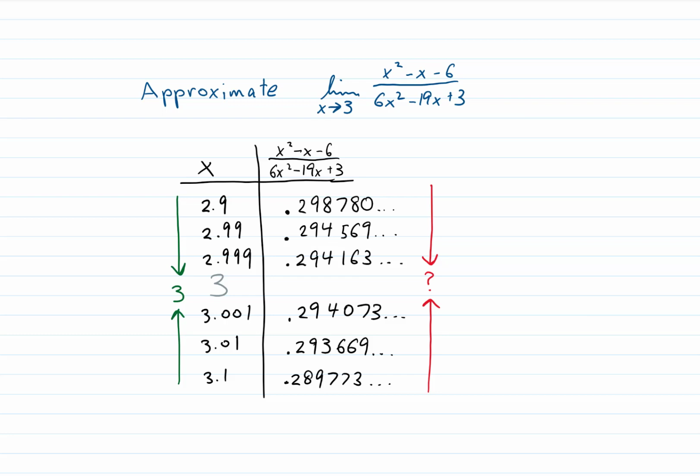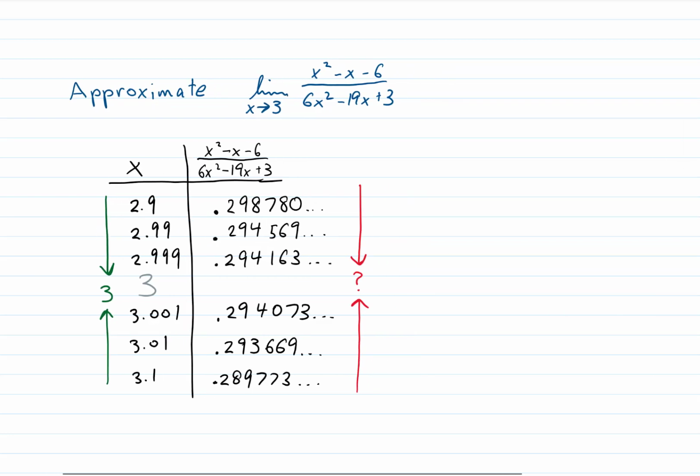Somebody else might say, it looks to me like it's approaching the number 0.294. That would also be a good approximation. There's no one correct answer here because it says approximate. So different people are going to have different approximations depending upon how close they're trying to get.